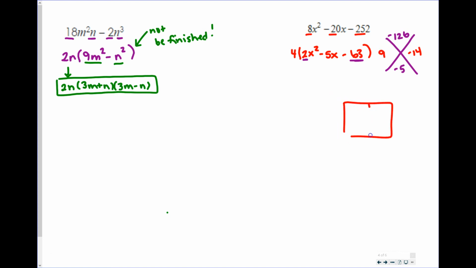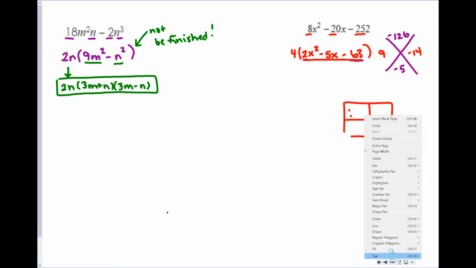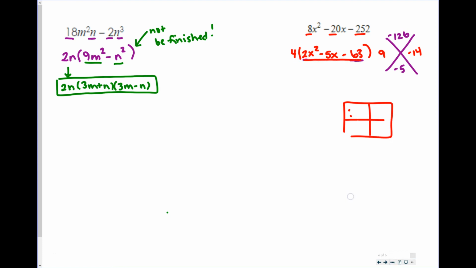So I'm going to do my Punnett square. I'm going to put the 8x squared, oh, not 8x, see, I can easily make that mistake. I want to put this thing in my Punnett square, and it's really easy to screw that up. So I want to take the 2x squared and put it here, and I want to take the negative 63 and put it here. These numbers, 9 and negative 14, go here, and now we just pull out our GCFs like we've always done.